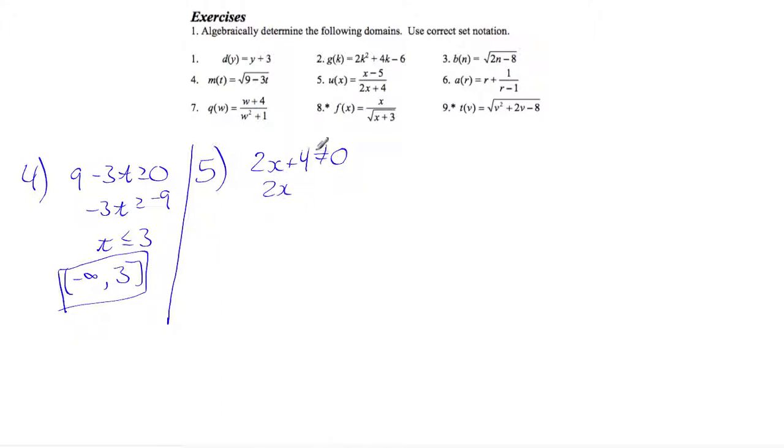So I solve for what x can't be. If I subtract 4 from both sides, I get 2x cannot equal -4. So x cannot equal -2. And it makes sense. If I plug in -2, I get 2 times -2, which is -4, plus 4 is 0. That's a 0 in the denominator.